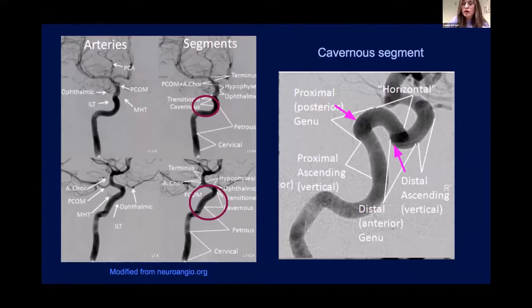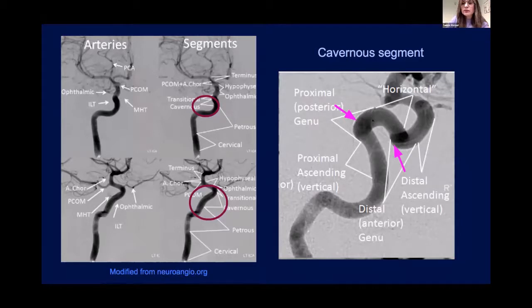They are not important for an endovascular surgeon, but they are important for a neurosurgeon because you see those rings. I never see those rings. So it extends from the posterior genu to the anterior genu, and from the petrolingual ligament to the proximal dural ring. You have to remember these two curves.